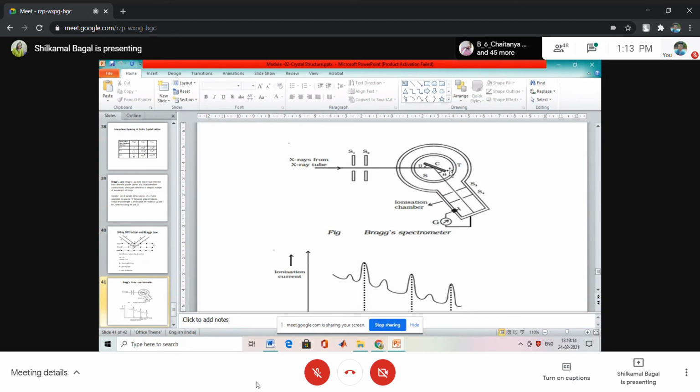Now at the center, the C is denoted. This C is the crystal. The crystal which has to be studied is mounted on this central table.